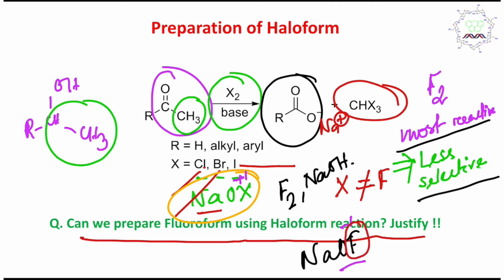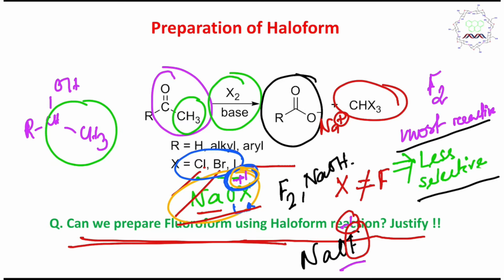Fluorine is more electronegative than oxygen, so it is -1. Oxygen is more electronegative than chlorine, bromine and iodine, so in those cases the halogen carries the positive charge.